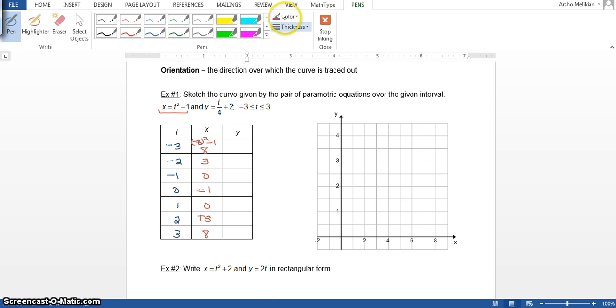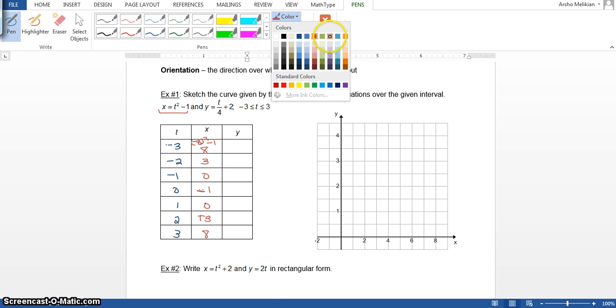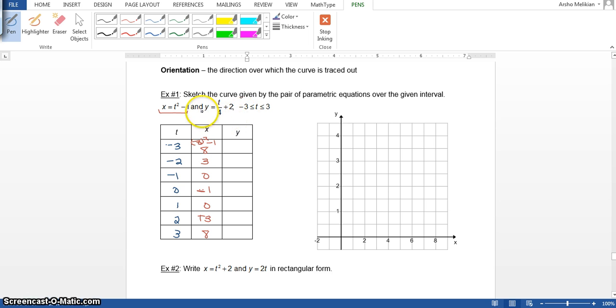All right, what about for y? When t is -3, it's -3 over 4 plus 2, which is 1.25. Here we have -0.5 plus 2, 1.5.